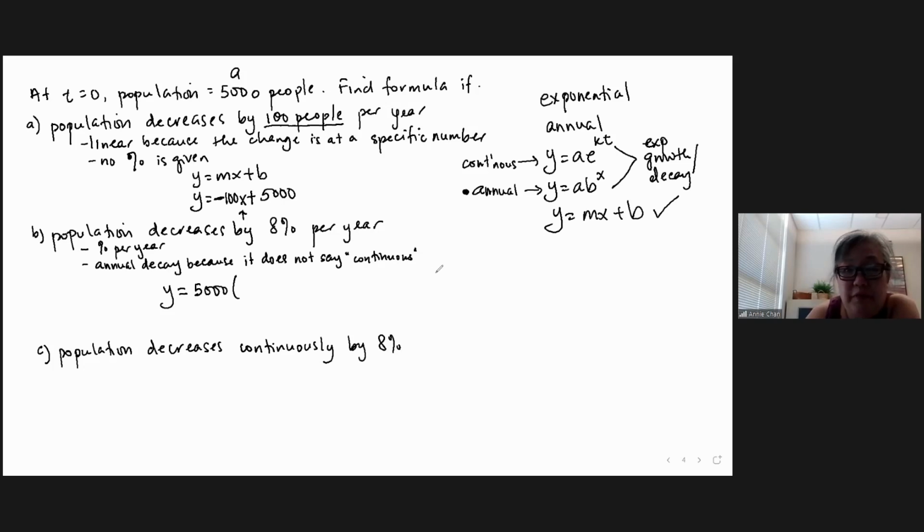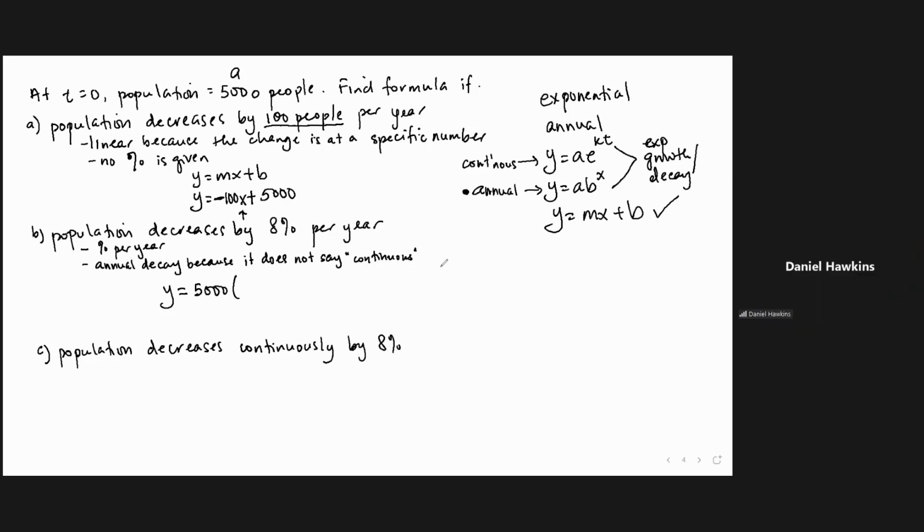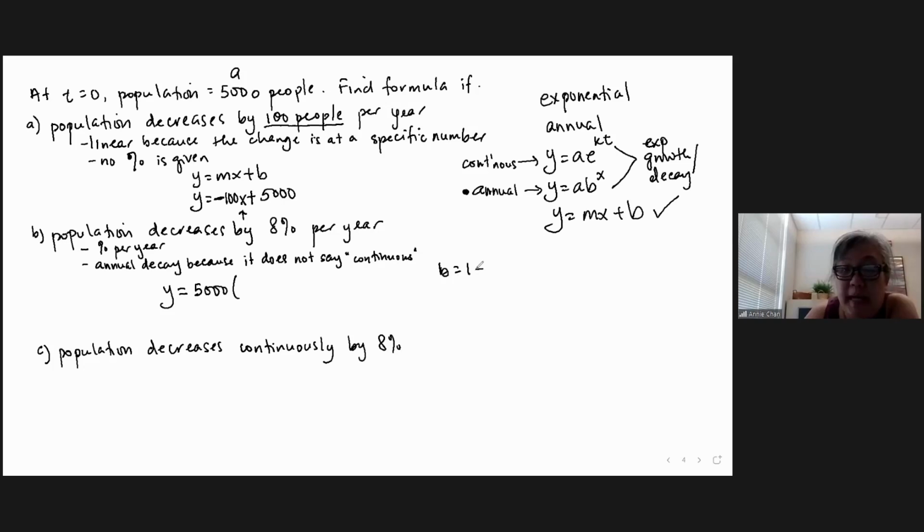Okay, so we have to do a bit of a calculation here. What is 8%? What does 8% tell us? 0.08. What is that? That's the decay rate. I know that it's 1 minus that. Okay, so B is 1 plus what?